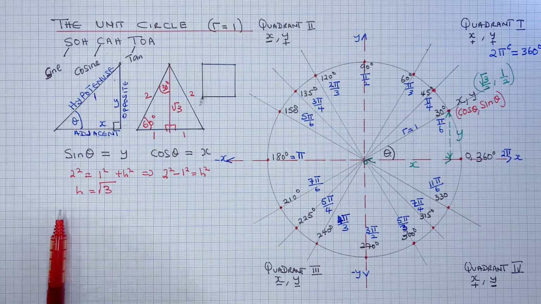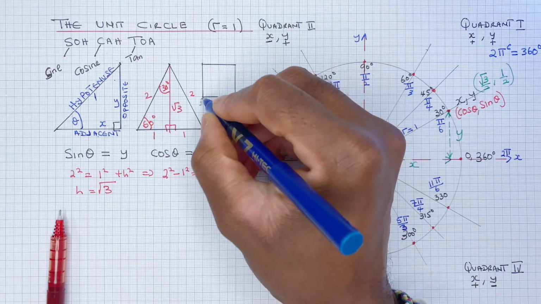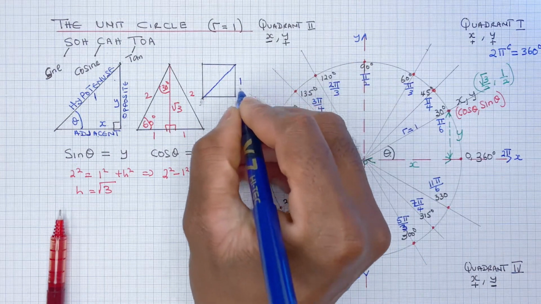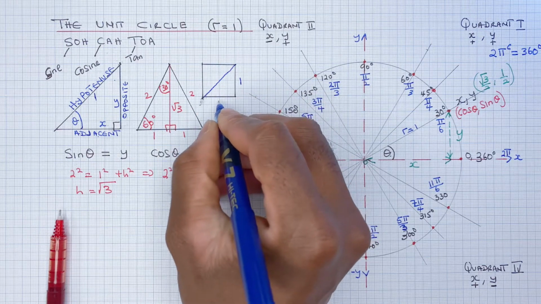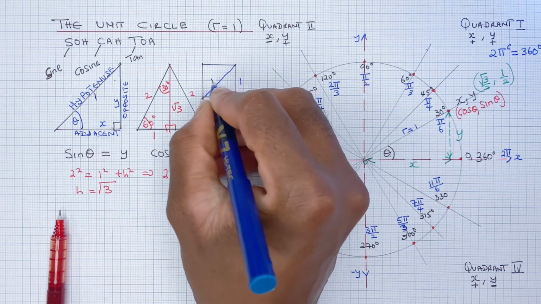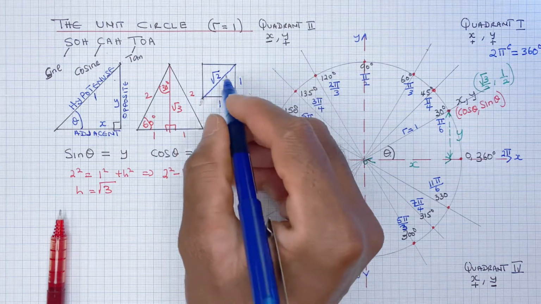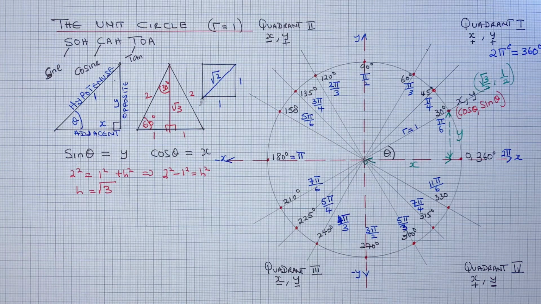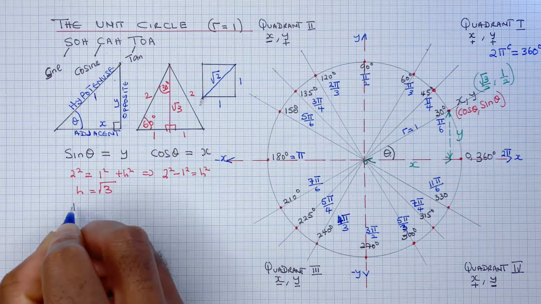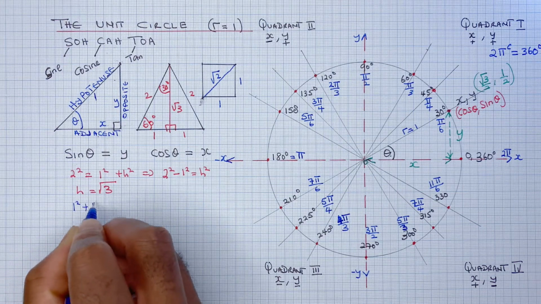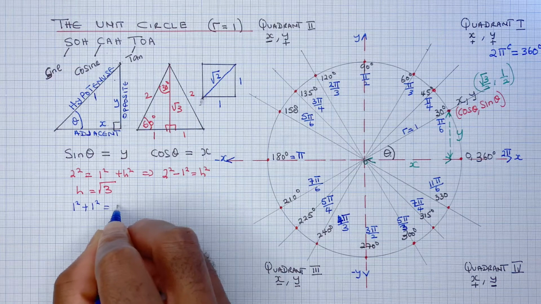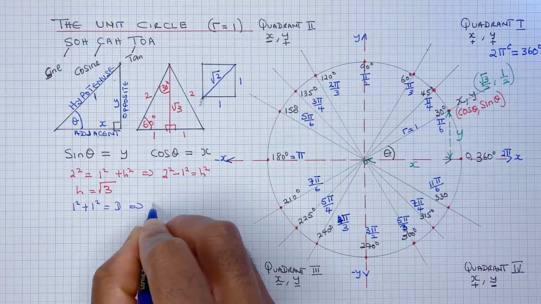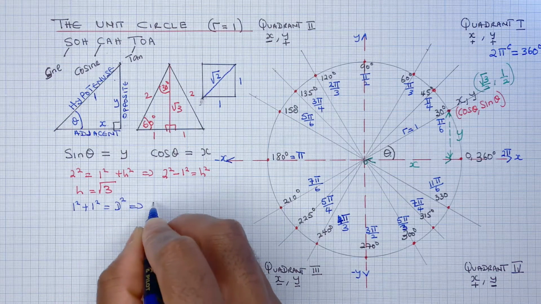To find 45, we just draw the diagonal here. We're using a square, by the way. The sides are 1 and 1, and the diagonal will be root 2, because it's 1 squared plus 1 squared equals the diagonal squared, d squared.